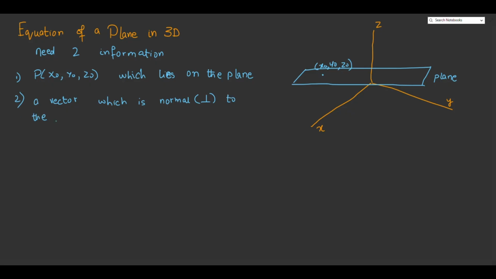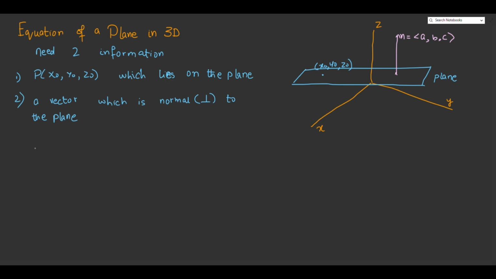So we need these two pieces of information. You can think about this in the following way: there is a vector n. We call this normal, and its components are given by a, b, and c. This is a vector which is normal to the plane, and the plane is passing through the point x0, y0, z0. Then how can we find the equation of a plane?